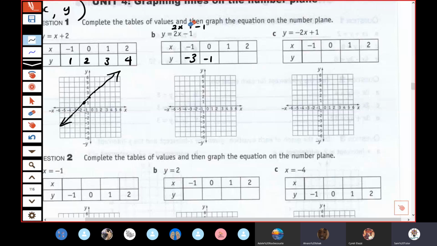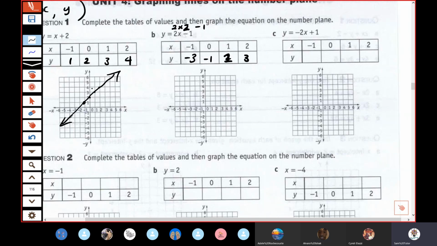And then 1. And then 2 times 2 minus 1, 3. And then what are your coordinates for each one?